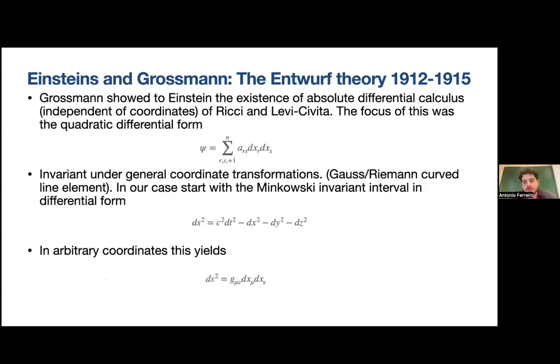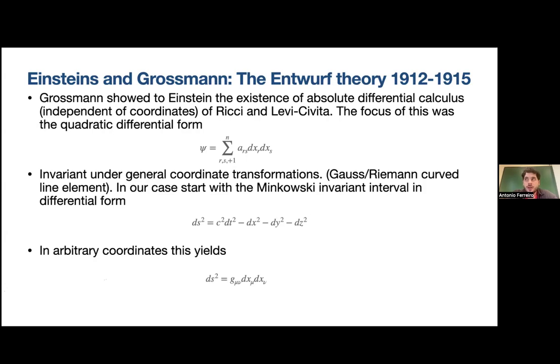And then, you know more or less how this goes. We have some structure here, this quadratic differential form that you can show is independent of transformation. So if you transform x to another coordinate y, the structure remains the same. And this is exactly what Einstein needed to describe his theory.